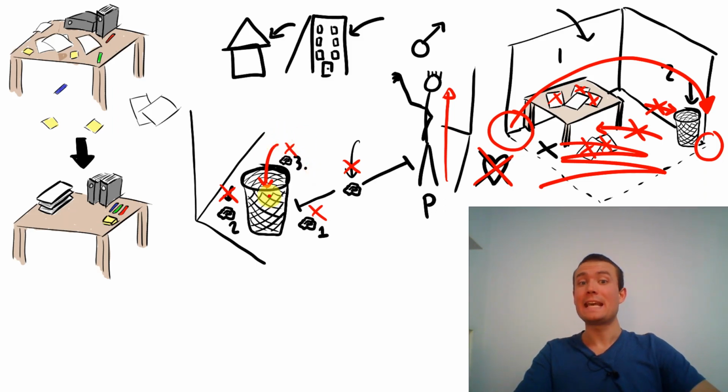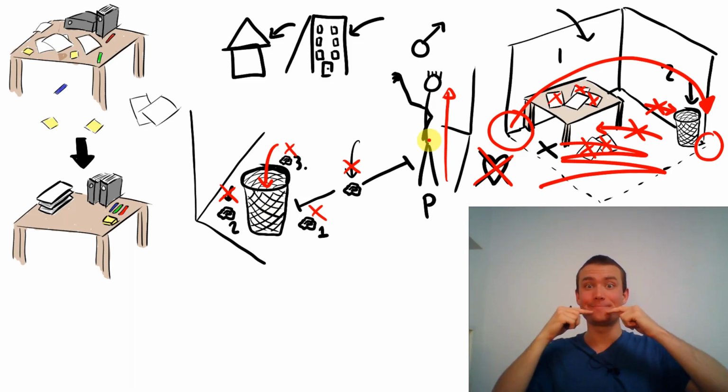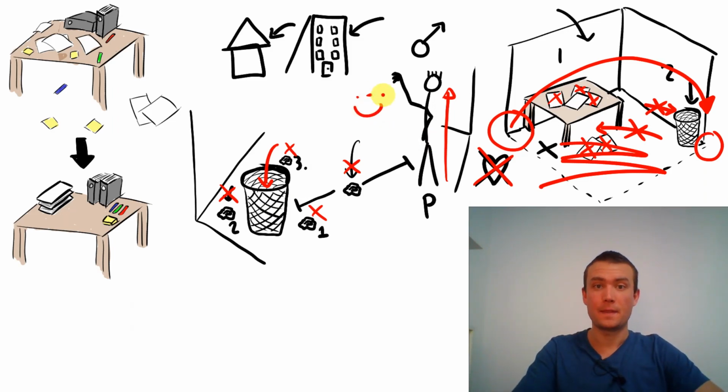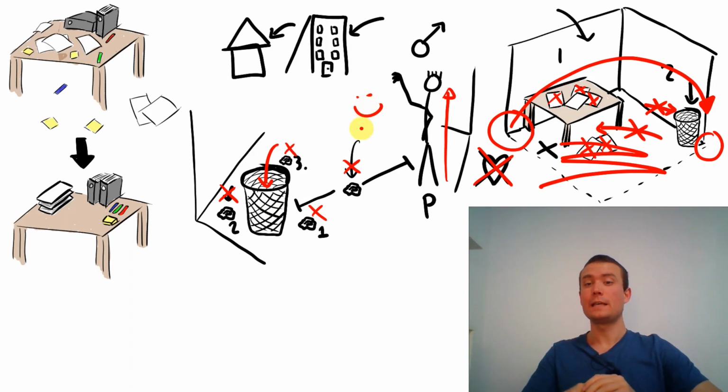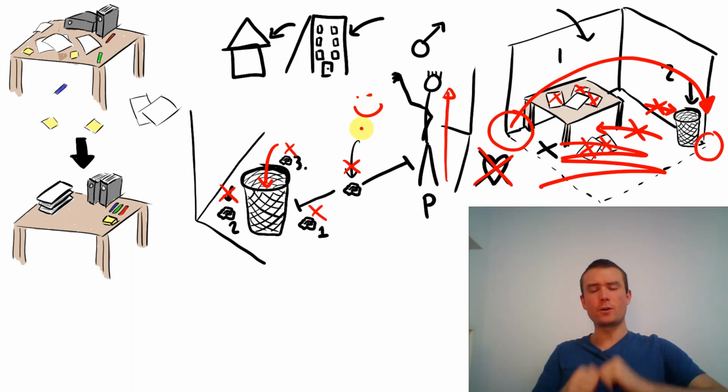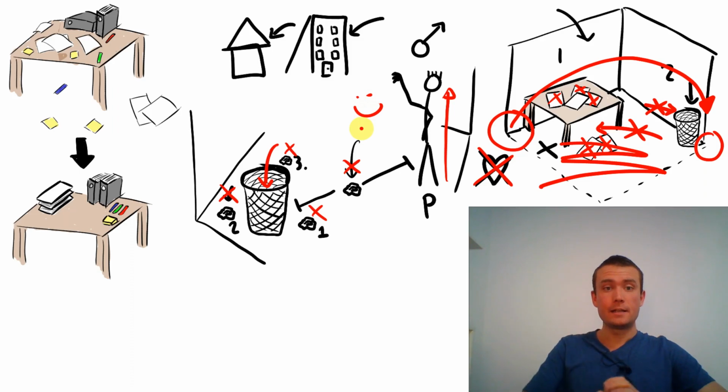It went into the bin. Philip is happy. He's happy because he got one sheet of paper into the bin. And his desk is now tidy. He's tidied his desk.